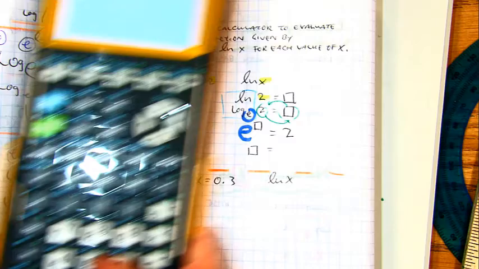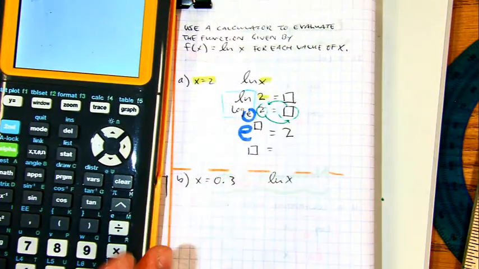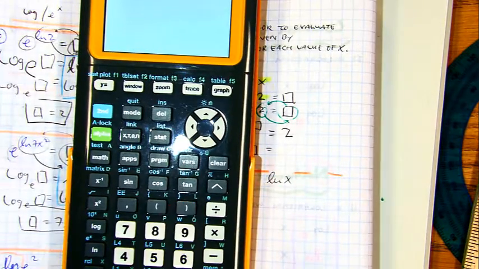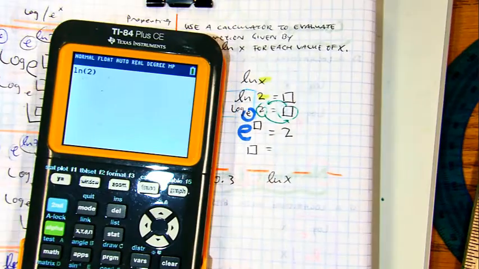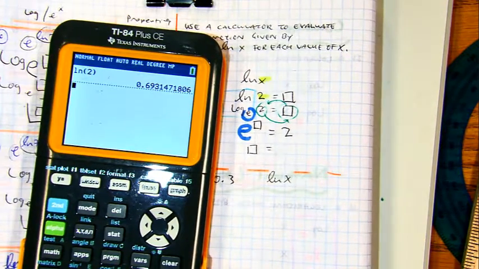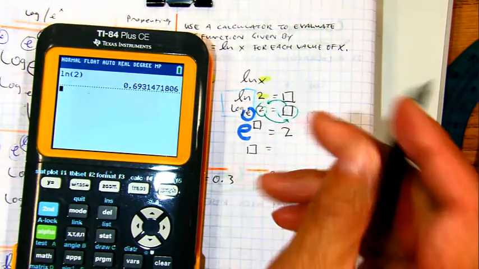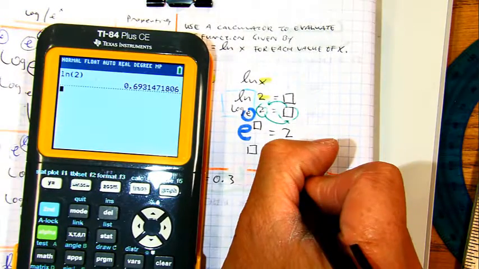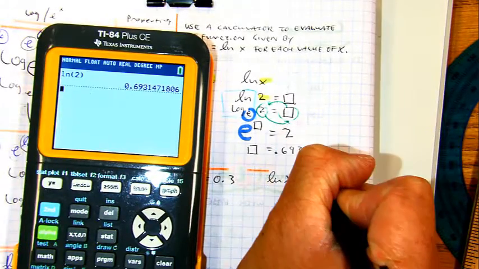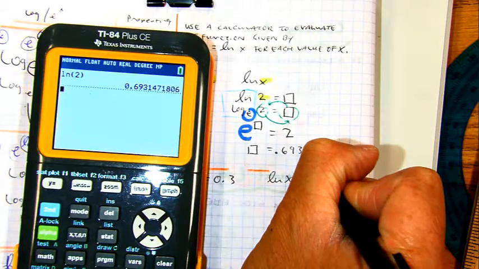So we can actually just press natural log of 2. Let's do it. And we already said we expect that number to be between 0 and 1. There's the number. Class, is that between 0 and 1? Let's go to 4 decimal places. 0.6931.